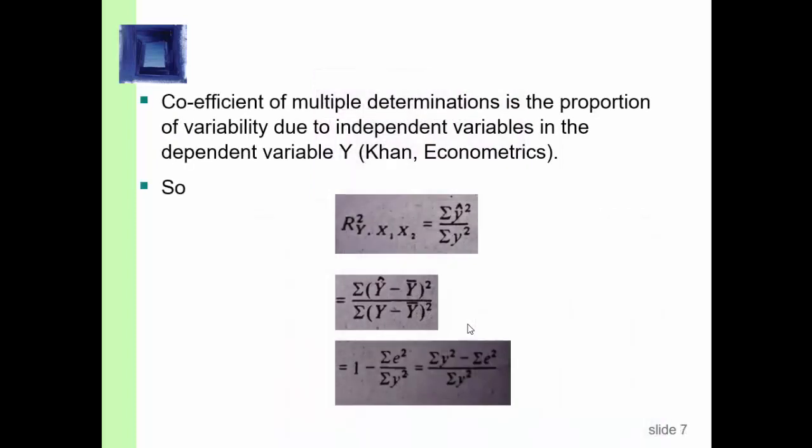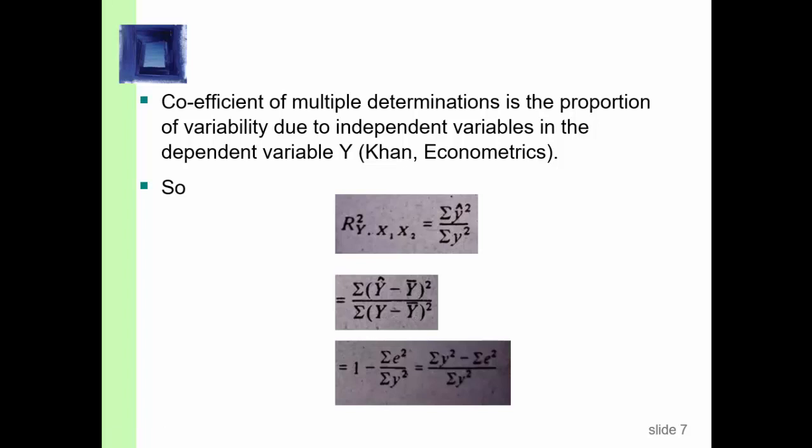So dear students, this R square is equal to summation y hat square by summation y square. Remember that small y is the deviated value. We know that e is the difference between actual and estimated. This y hat can be calculated as y hat minus y bar. Similarly, for the summation y square, we calculate y minus y bar, small y.